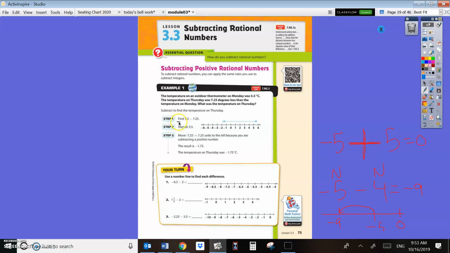So here's an example. Starting positive, and you're going in the negative direction. Okay? So in example 1, you're starting negative, and you're going more in the negative direction. 1, 2, so it should be -8.5.